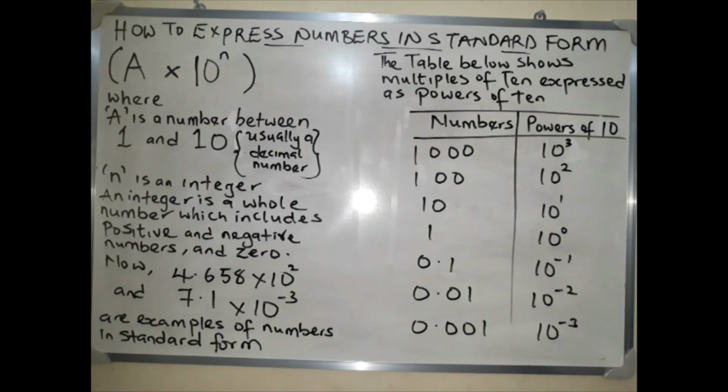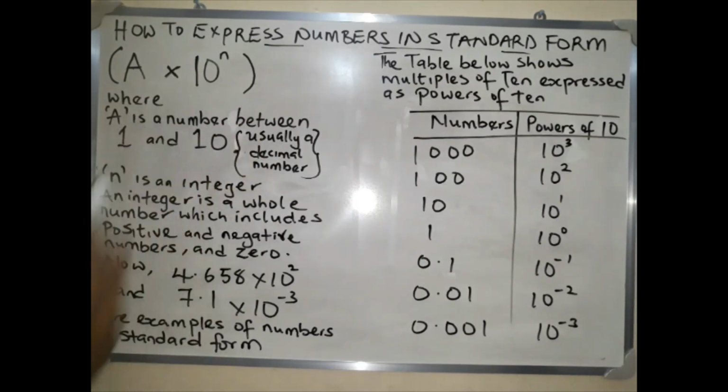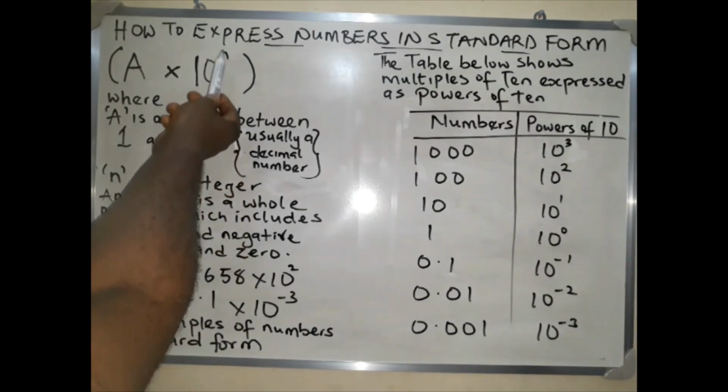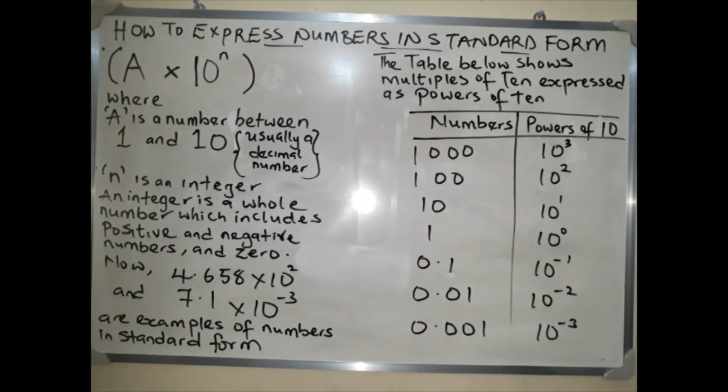Now, the a in this expression is a number between 1 and 10, usually a decimal number, while the power n is an integer. So for those that don't know what an integer is, it is a whole number, which includes positive and negative numbers as well as zero.